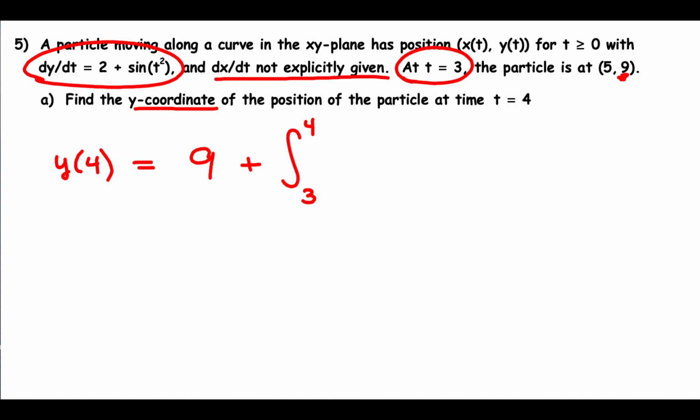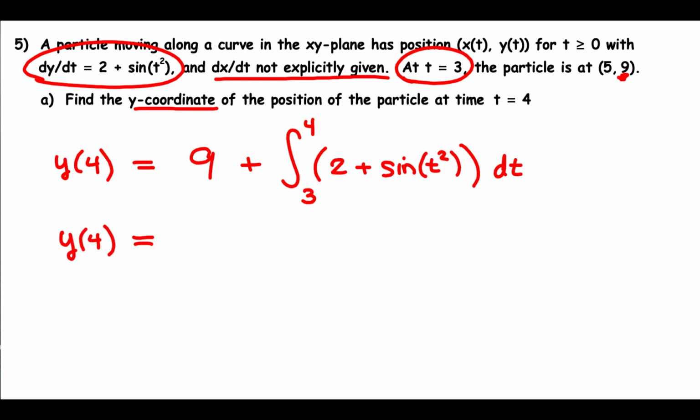And we just use the dy/dt, which is the 2 plus sine of t squared. Notice it's sine of t squared, not sine squared of t. Okay. All right, we can integrate that on the calculator. That's the only way to get that.